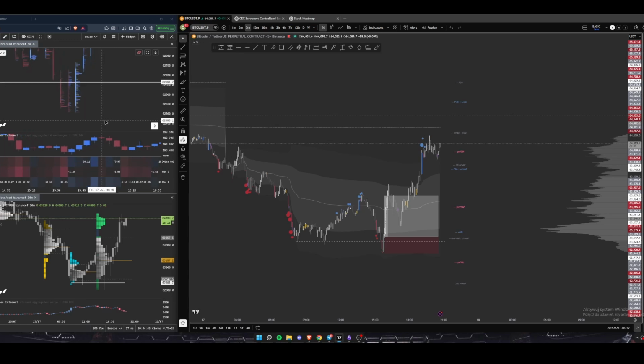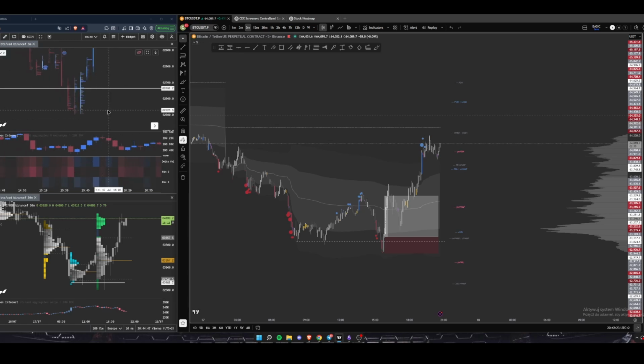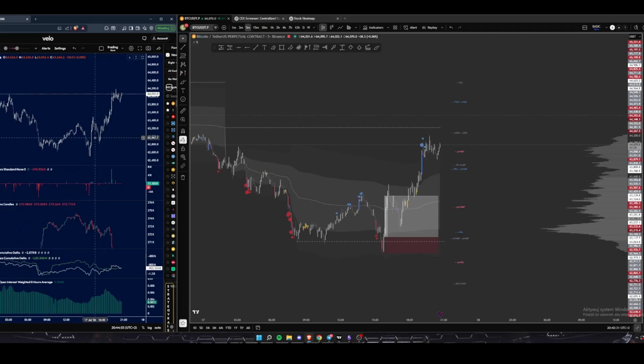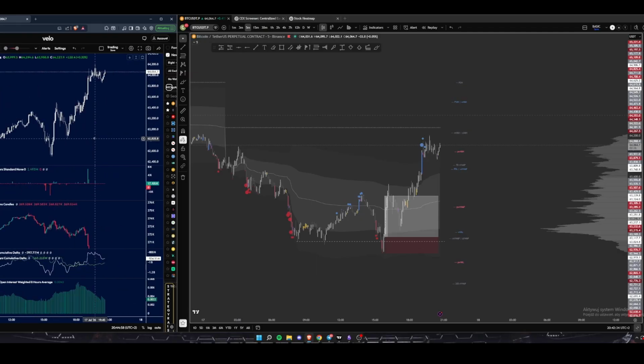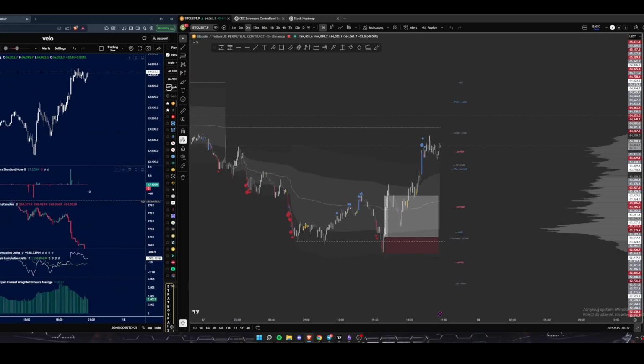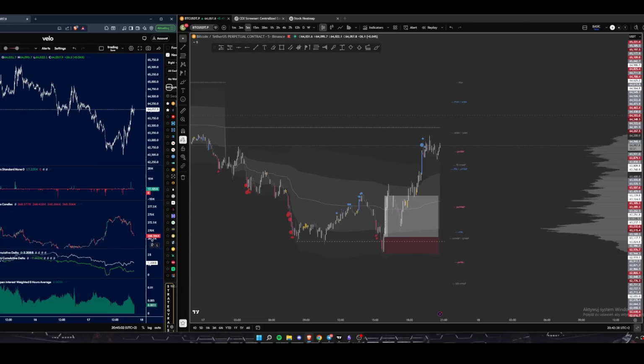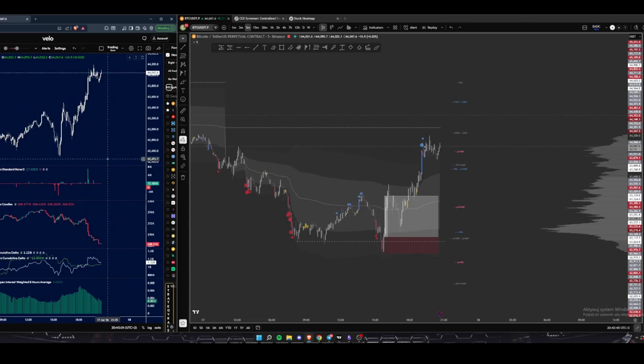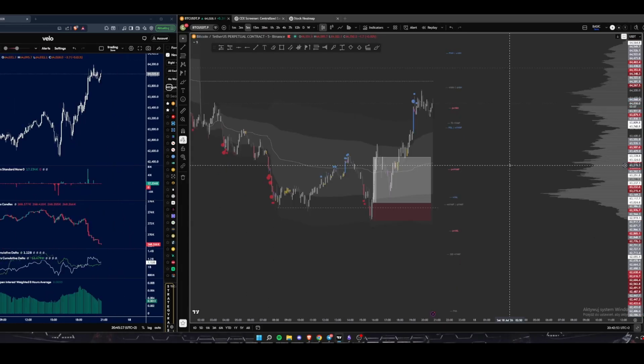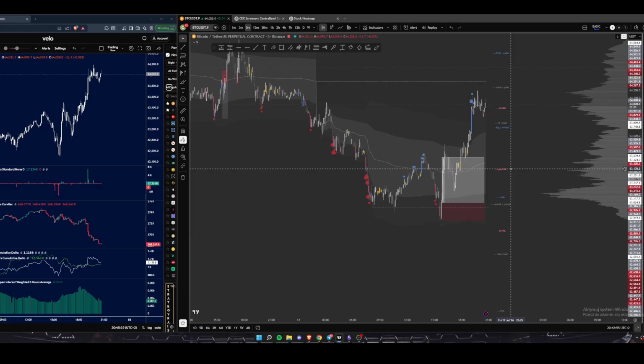But actually, I believe you use this not that often, and actually the real positioning and real context comes from the open interest. So that's what you want to trade. That's what you want to be looking at. So yeah, this is the trade review.